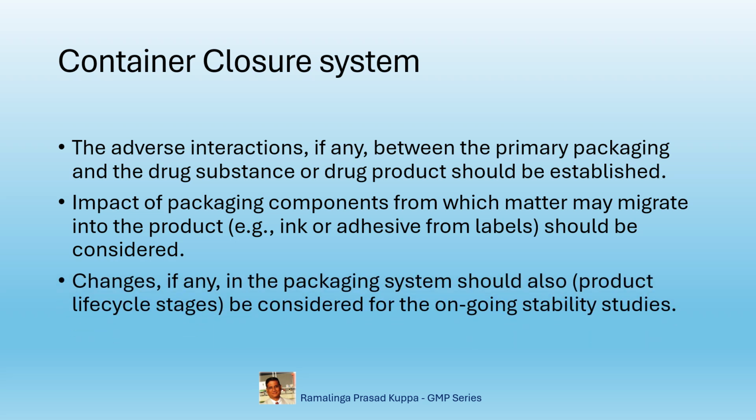Changes, if any, in the packaging system during the product life cycle stages should also be considered for the ongoing stability studies. In case the packaging scheme is revised, the ongoing stability study should include evaluation of the new packaging scheme also.